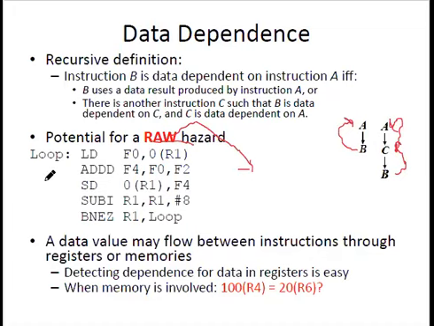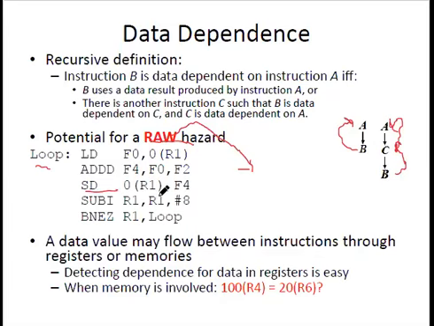Suppose we have an example of a load. Here F0 is being loaded from 0(R1). Then ADD F4, F0, F2, and the result has to be stored in F4.